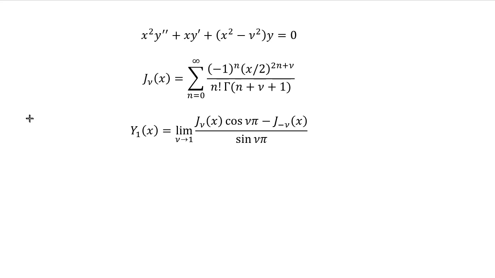Now, before I try to solve for the second solution, I have to say that the approach that I'm trying to do in this video is not the common one because it's not the most efficient one. Most books approach it this way, and I will make another video for this other method.